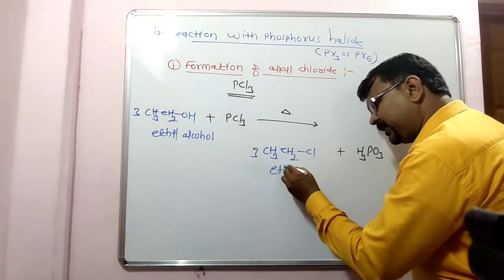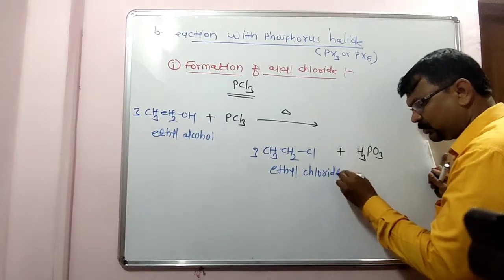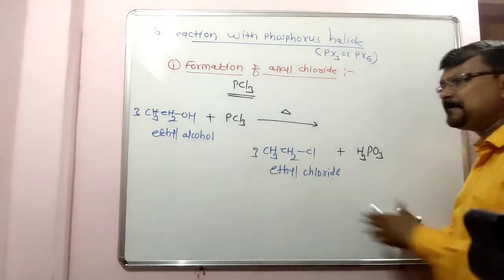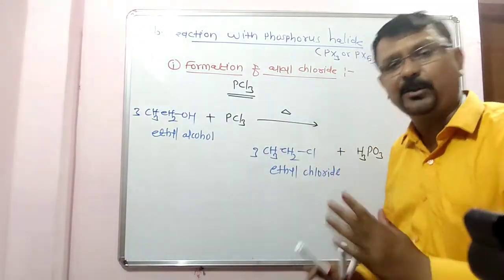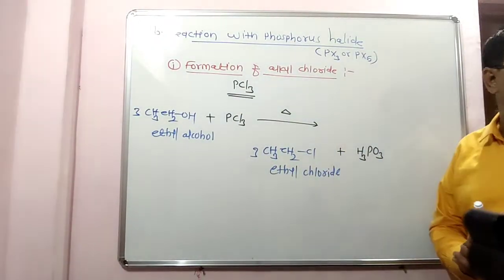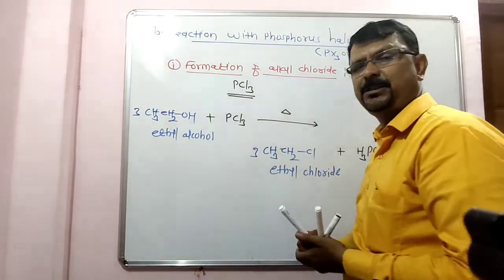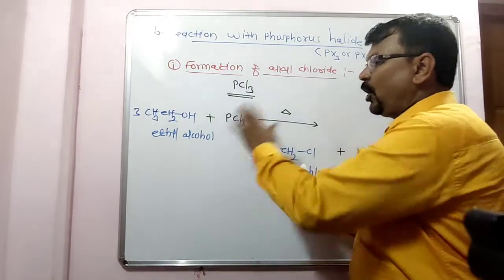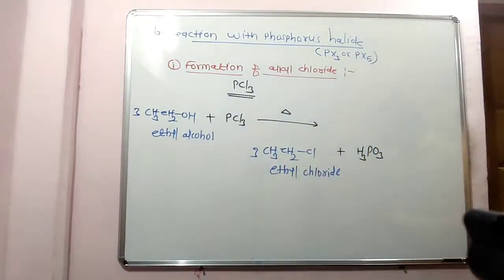Name of the compound? Ethyl chloride. Repeat: when ethyl alcohol is heated with phosphorus trichloride, it gives ethyl chloride. Simple question. What is the action of PCl3 on ethyl alcohol? Correct? Yes.